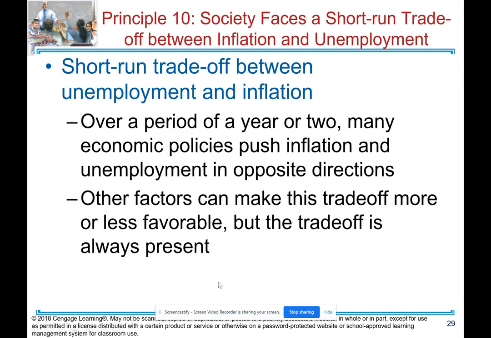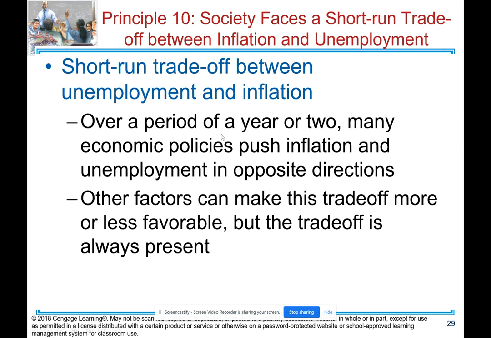Principle number 10, society faces a short run trade off between inflation and unemployment. Over a period of a year or two, many economic policies push inflation and unemployment in opposite directions. The good old trade off.